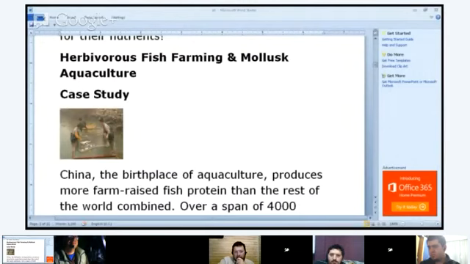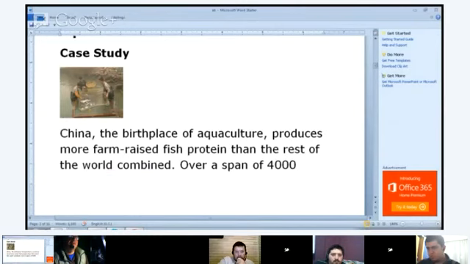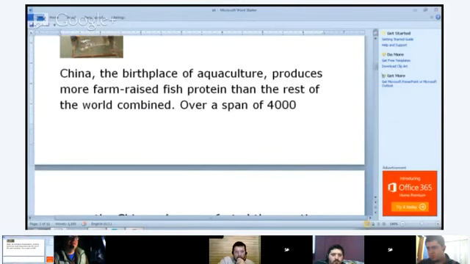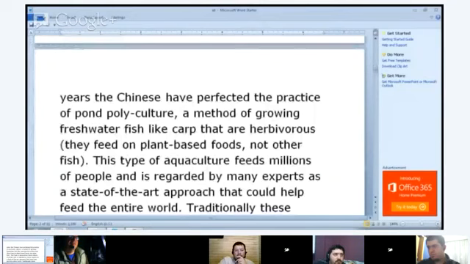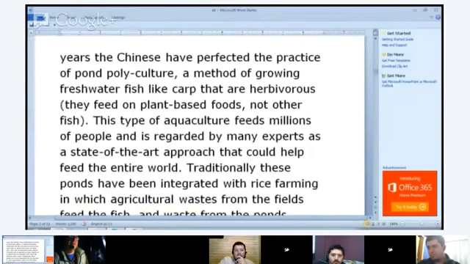Herbivorous fish farming and mollusk aquaculture case study. China, the birthplace of aquaculture, produces more farm-raised fish protein than the rest of the world combined. Over a span of 4,000 years, the Chinese have perfected the practice of pond polyculture, a method of growing freshwater fish like carp that are herbivorous.